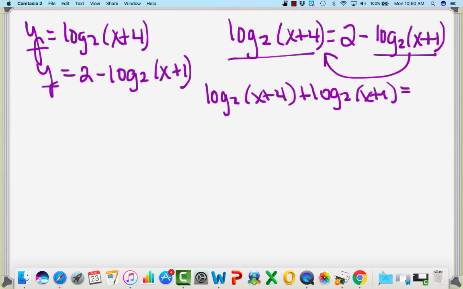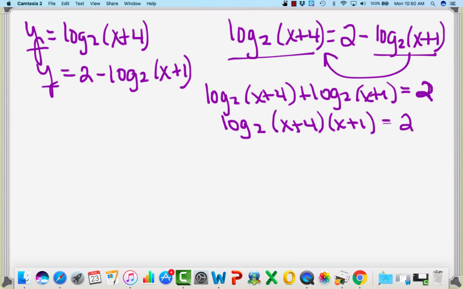But now I have a logarithm plus a logarithm, and if you remember our rules for logarithms, when you have two logs being added, you can condense those back as a multiplication problem. But I need to get rid of this logarithm, so to get rid of a log base 2, I do an exponential, so I'm going to do 2 to the power on both sides. And 2 to the log base 2, remember, cancels each other out. So I get (x plus 4) times (x plus 1) equals 2 to the second, which would be 4.